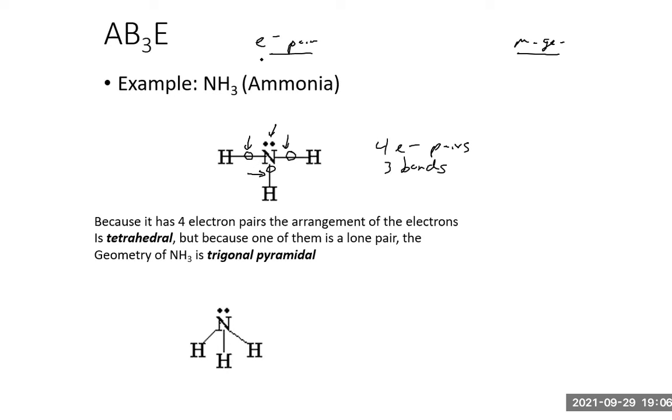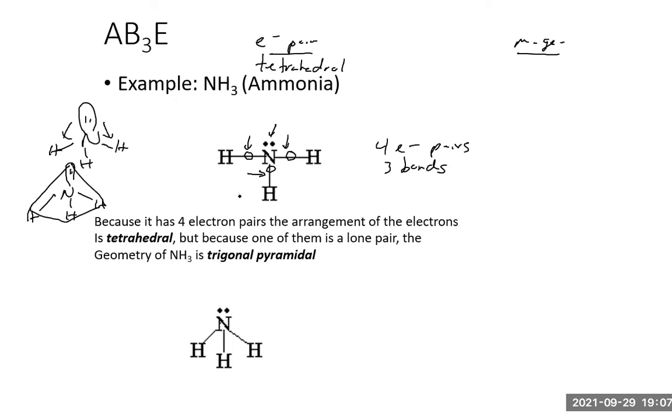Again, 4 electron pairs, so it's the same electron pair geometry, which is tetrahedral. Here we have those non-bonding electrons on the nitrogen, and the hydrogens decide they definitely want to get away from each other. So they end up in a shape with our non-bonding electrons up on top, which is known as trigonal pyramid. It kind of makes a triangle and a pyramid shape on the bottom.